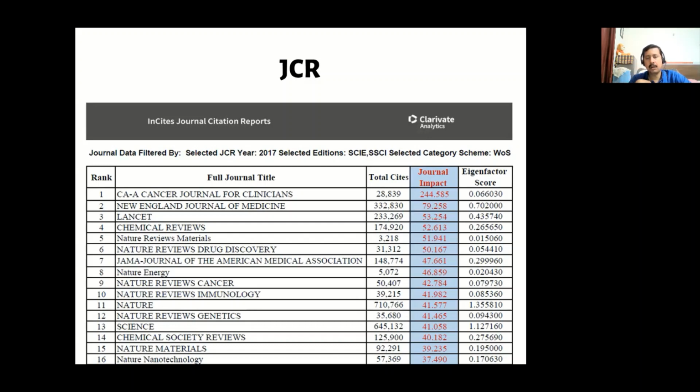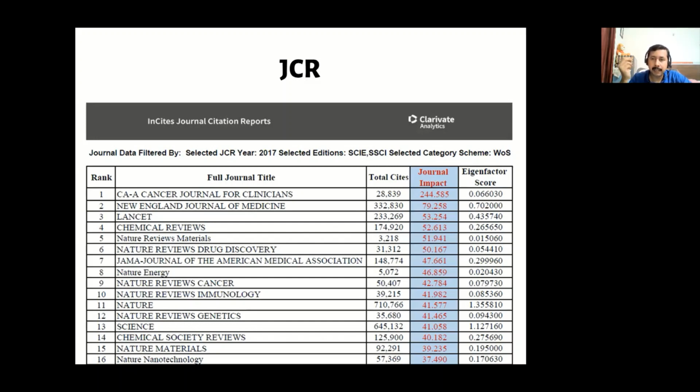Here is a glimpse of the Journal Citation Reports for the year 2017. You can observe that journal impact is highest for CA: A Cancer Journal for Clinicians, having 244.585 citations, impact factor.